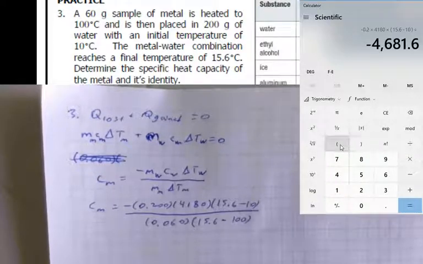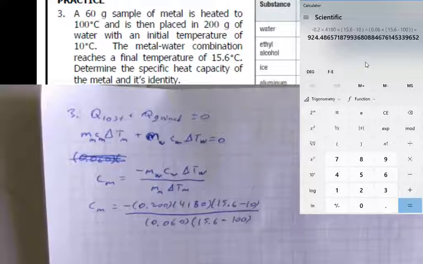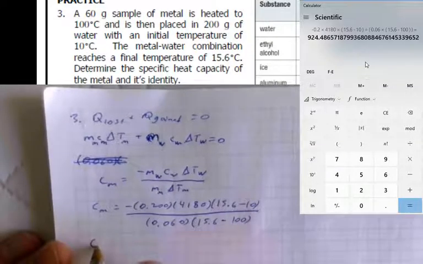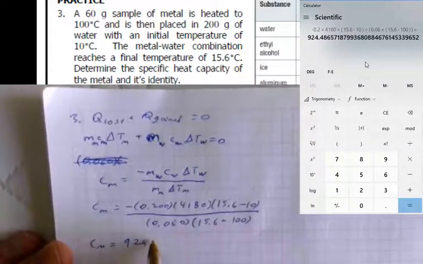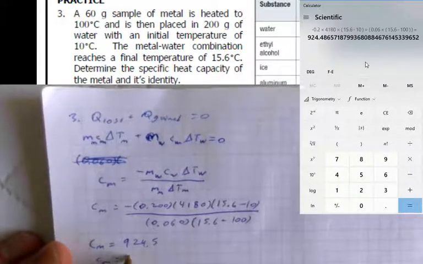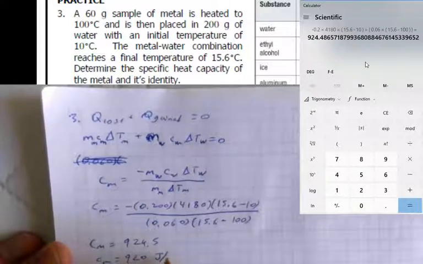That whole thing divided by bracket 0.060 times bracket 15.6 minus 100. Close the bracket, and it equals, we get 924.5. Rounding it, we get 920 joules per kilogram degrees Celsius.